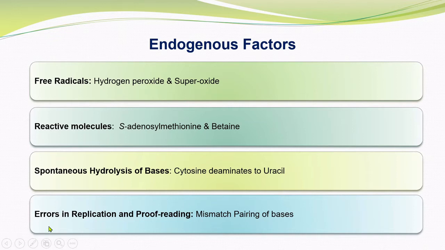As you know, DNA replication is a multi-step and complicated process. Any error in replication and any error in proofreading of the newly formed DNA strand can cause modification in the DNA molecule. Mostly, this error in replication and proofreading results in mismatch pairing of bases.